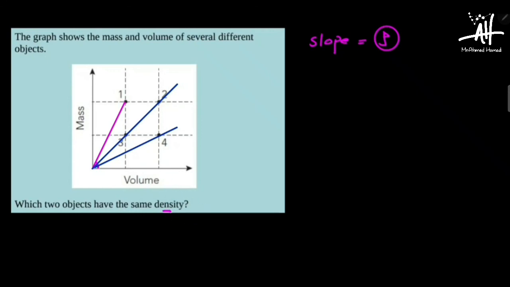And on the graph, to have the same slope, we should lie on the same straight line, to have the same angle between the line and the x-axis. So from the drawn lines, the two materials that got the same slope are material number 3 and number 2, as they are lying on the same line, so they will have the same slope, so they will have the same density. So the answer will be the material 2 and the 3.